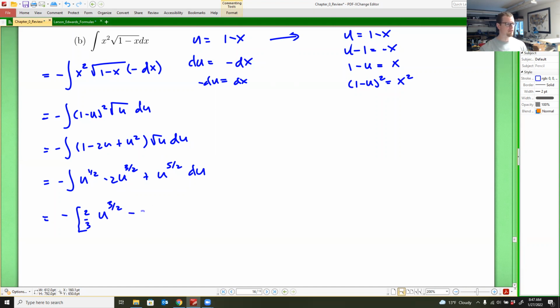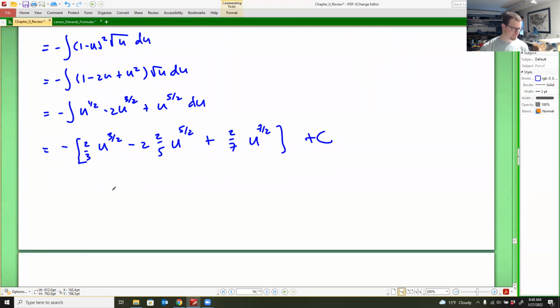And now I have minus 2 times, I'm going to include a new factor, increase the power by 1, 5/2, multiply by the reciprocal 2/5, plus u to the 5/2, increase the power by 1, so 7/2, multiply by the reciprocal 2/7. And then I have my plus c at the end.